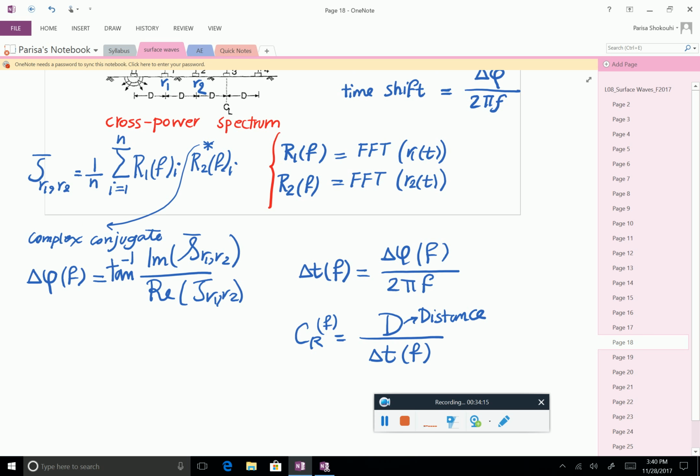Also, I hope that you see why we call this quantity phase velocity. We calculate the time shift from the phase difference. That's why we call this phase velocity. It's very simple. If you plot that versus frequency, you have to start comparing. Right?